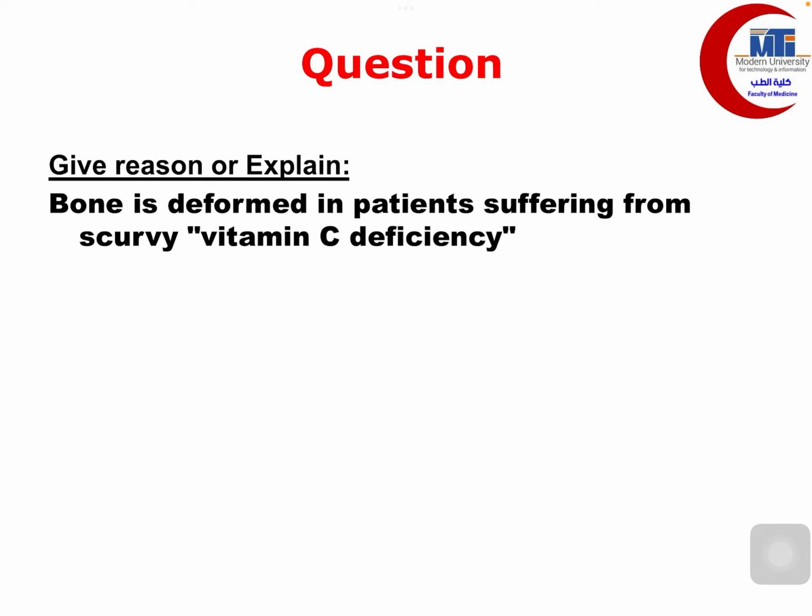Scurvy is one of the diseases which was common in the centuries of the 1800s and early 1900s, where the sailors at sea suffered from deficiency in vitamin C, resulting in different symptoms and signs. One of them is bone deformity.